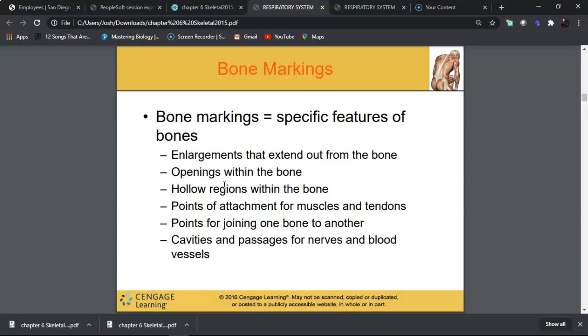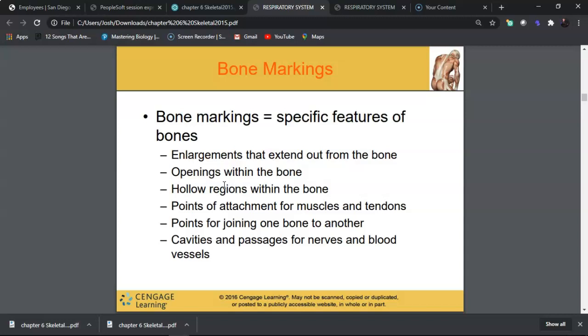When we look at bones, bones are not smooth. Okay, a bone is not completely linear, not completely smooth. There's a number of markings and depressions and protuberances that are important. They all serve purposes, but it actually allows for muscles to be attached, ligaments to be attached, areas for blood vessels to lie very close to the bone.